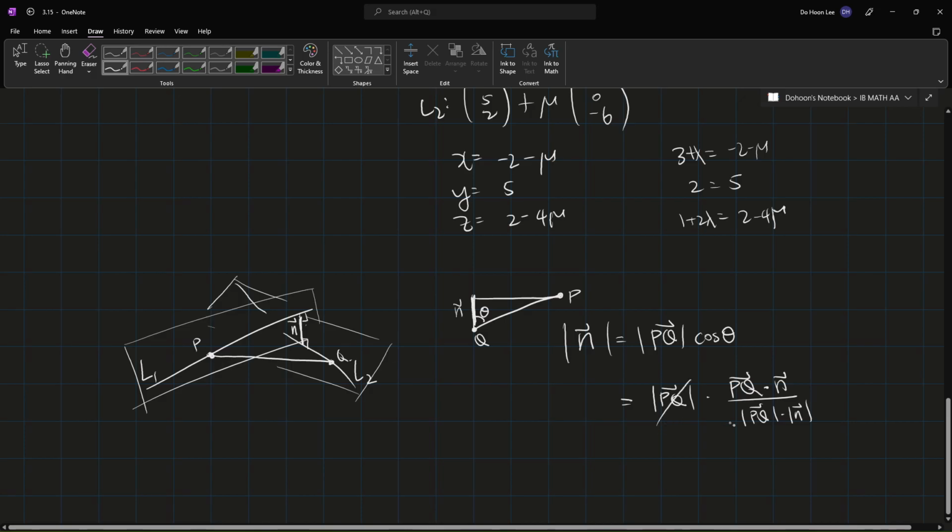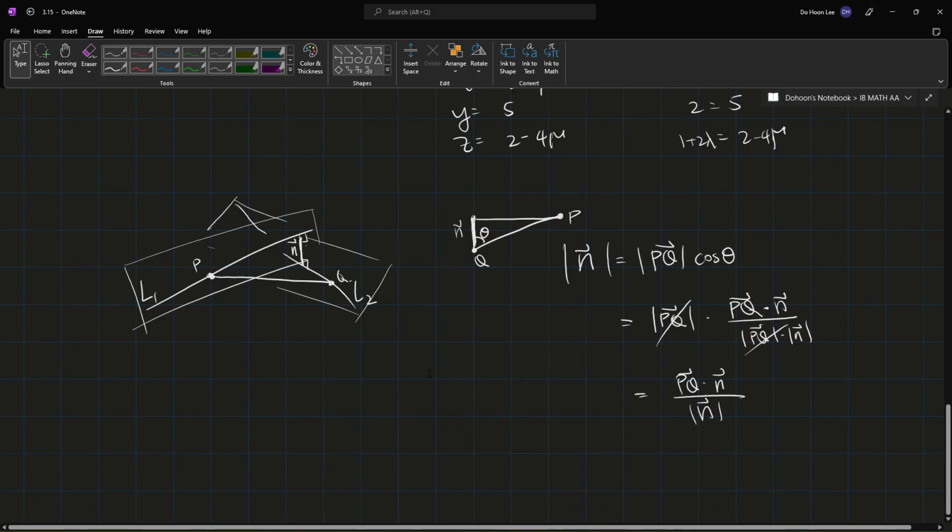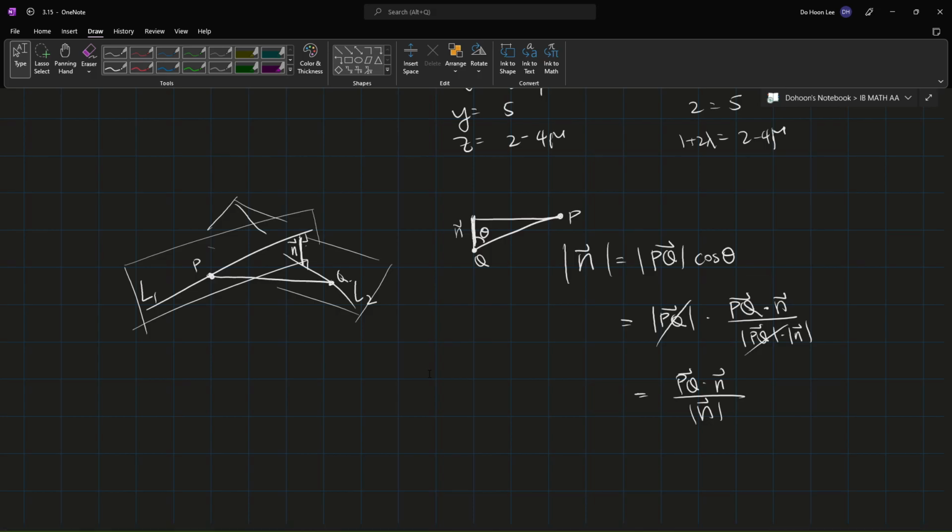And because the magnitudes of PQ cancel, we get the scalar product of PQ and the normal vector over the magnitude of the normal vector. So we can find the distance between the two lines like this.